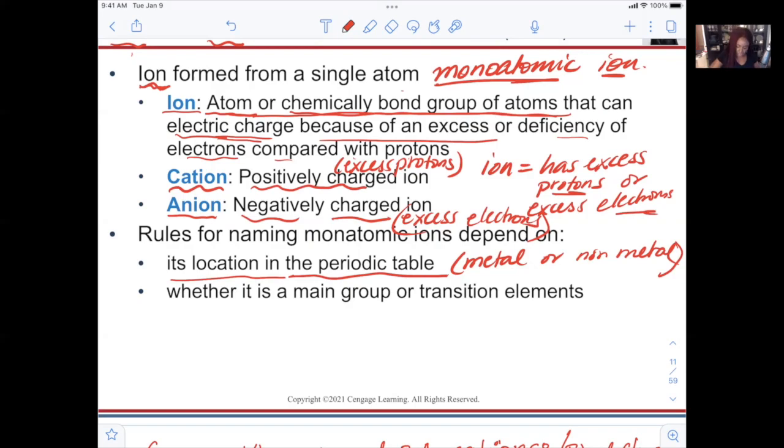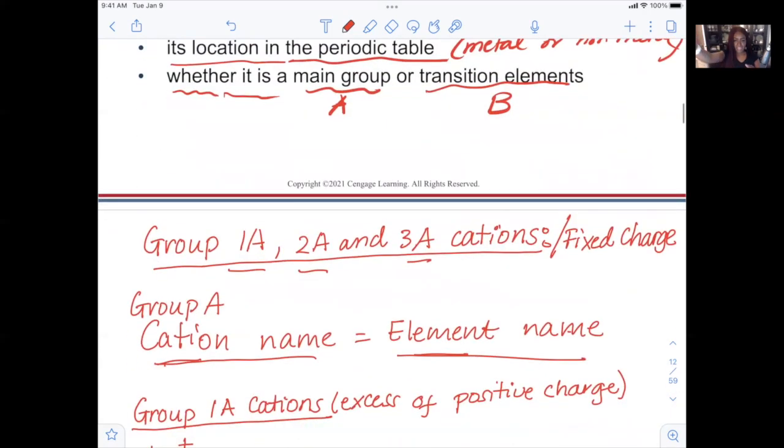Next thing, if it's a metal, is it a main group metal, a group A, or is it a transition metal, group B? So you want to simmer it down, look at your molecule, and decide, is the first element in the compound a group 1A metal, a group 2A metal, if the first element is a metal? If it's a non-metal, then you're using a whole different nomenclature system.